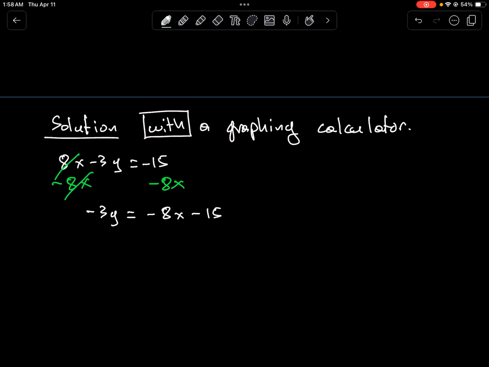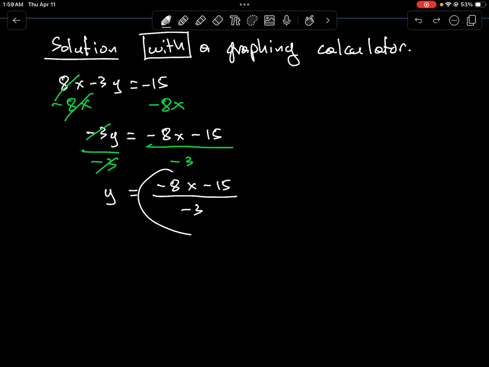Negative 3 over negative 3 is 1 times y, which gives me y equals negative 8x minus 15 over negative 3. So far so good. I did the exact same steps as in the previous method, so I didn't save any work so far. But now I don't care about the right-hand side because I have the y isolated. So I'm not going to break the fraction down into two simpler, smaller fractions. I'm going to leave it like that.